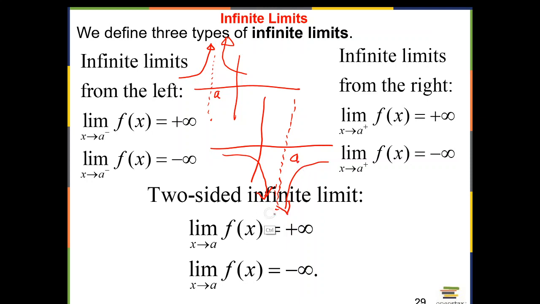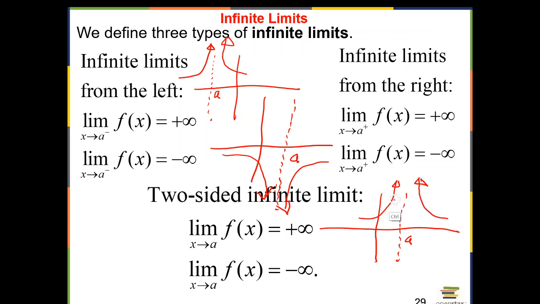Now, what about these? Well, here is the two-sided limit. The only time that we write the two-sided limit equals infinity is when the limit from the left is positive infinity and the limit from the right is also positive infinity.